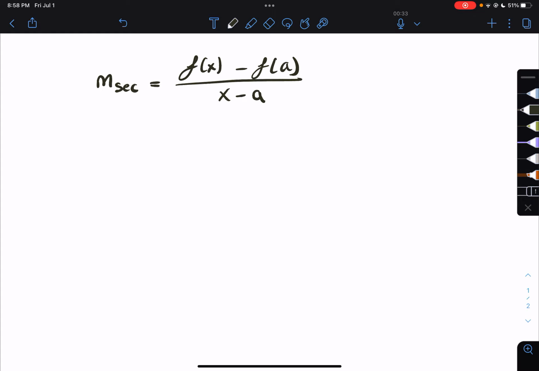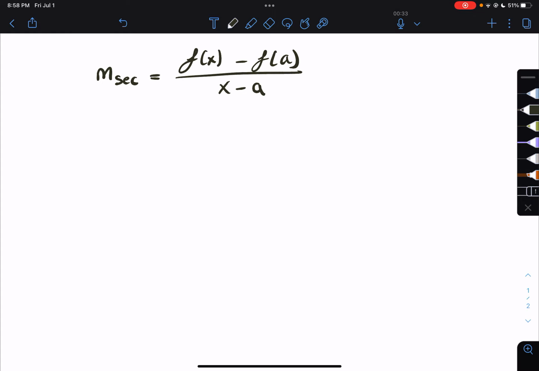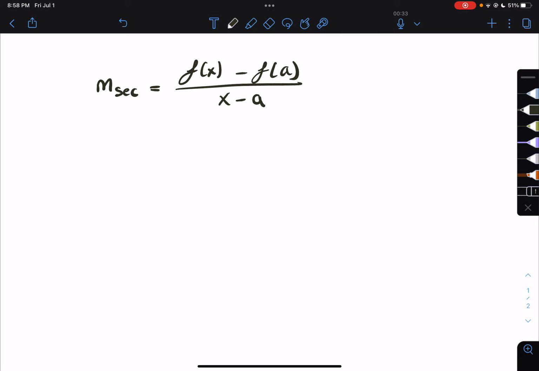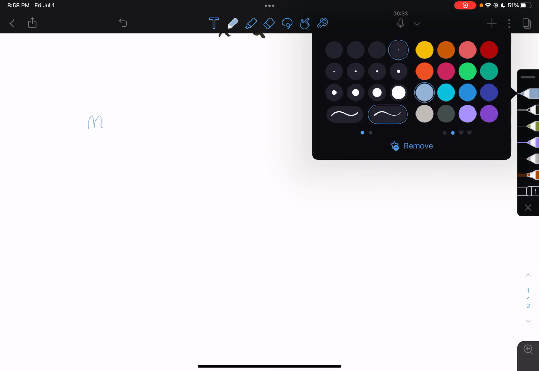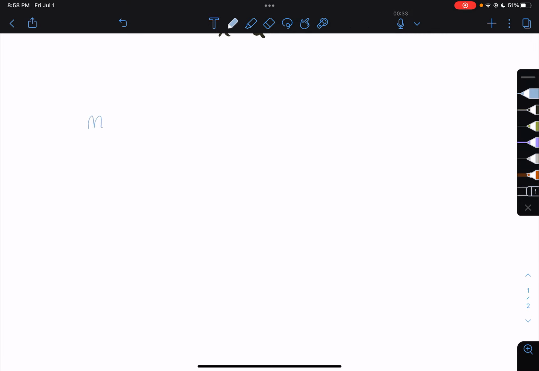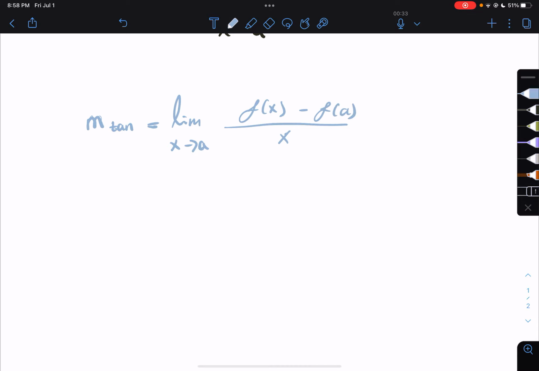But when we look for the slope of a tangent line, it will be presented to us in this way. M tangent equals the limit of x going to a of f of x minus f of a over x minus a.